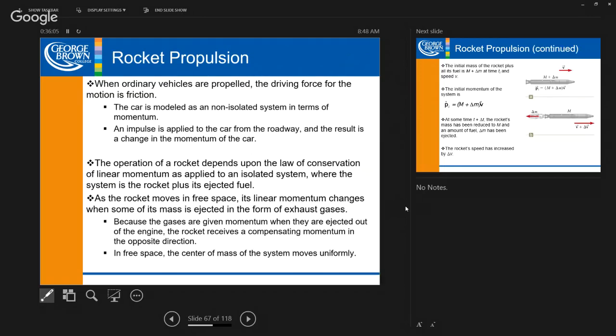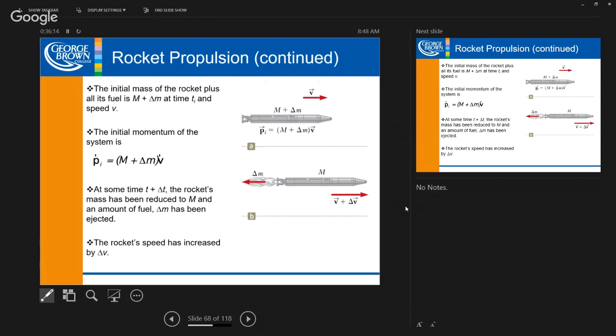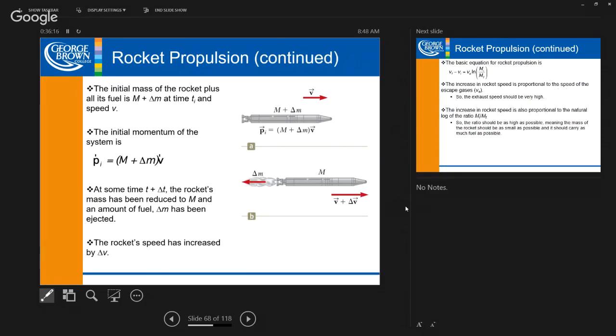Again, rocket propulsion. If you want to be a rocket scientist, read this part, right? It talks about how to transfer energy between rocket fuel and moving. I put it in here again for completeness, and it talks about how I have a bunch of energy. I've got fuel inside the rocket. Fuel has mass, and mass is being lost because it's being consumed. Mass is being consumed as the rocket moves, and that's why it's rocket science, because mass is changing.